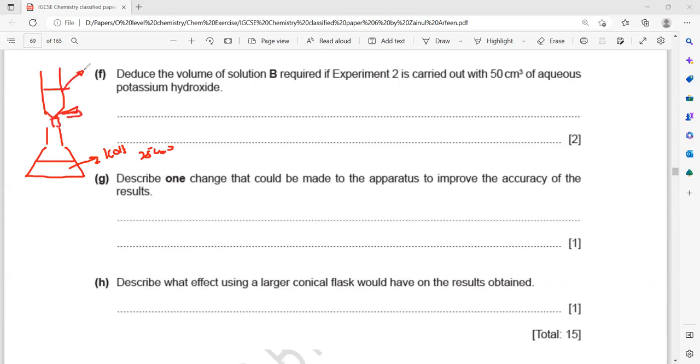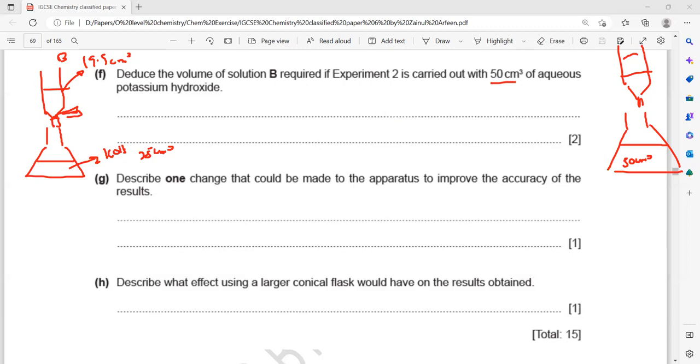We need 19.9 cm cube of solution B for a complete reaction. Now they're saying if I repeat the same experiment with 50 cm cube of potassium hydroxide, so we double the amount, what volume do we need for a complete reaction? It will be double. So 19.9 multiplied by 2, that will be 39.8.